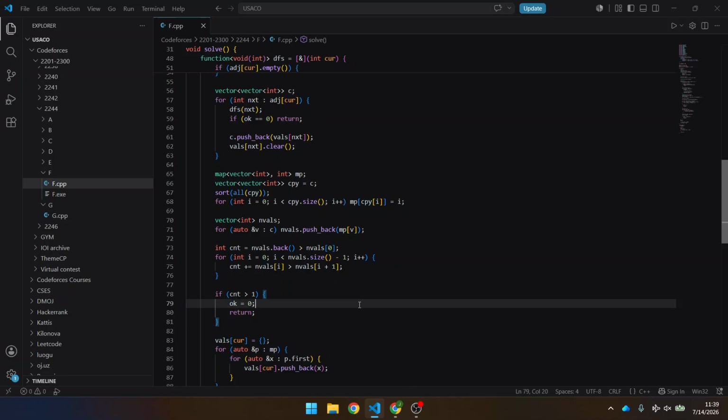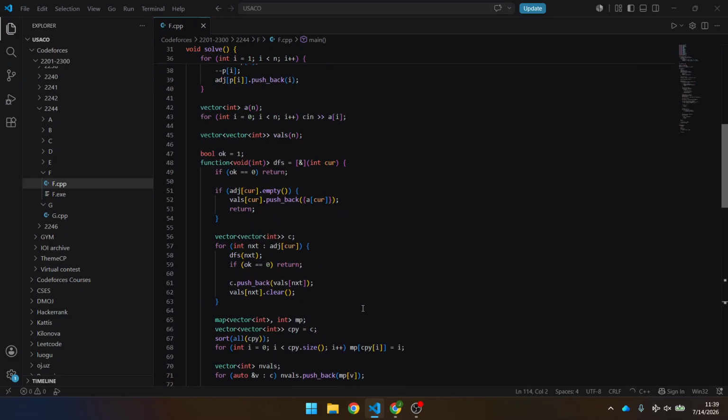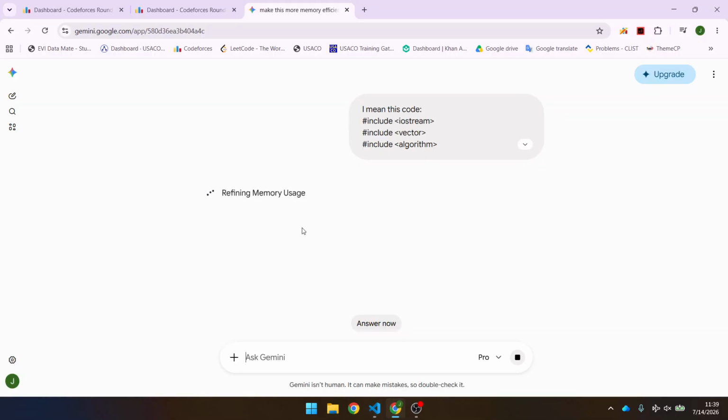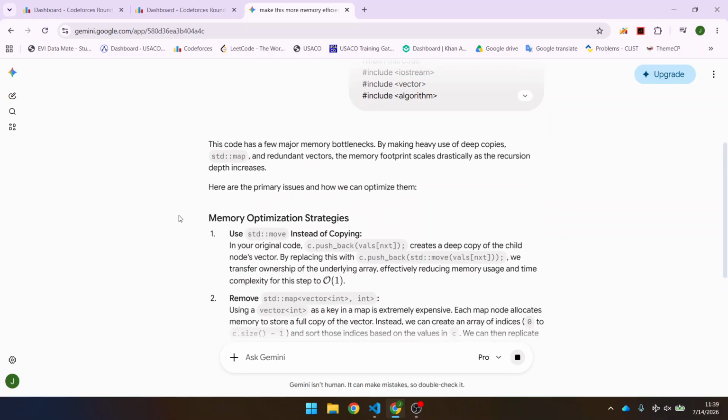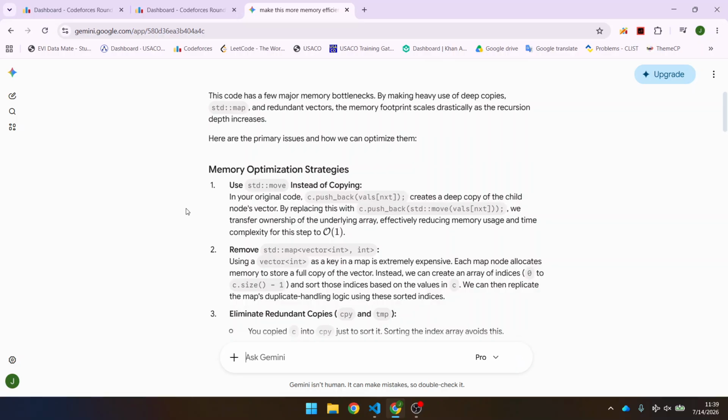Probably something about small to large merging. Use move instead of copying. Oh, so move is O(1). Okay. Each map node allocates memory to store a full copy of the vector.